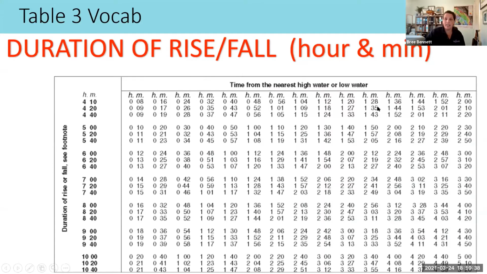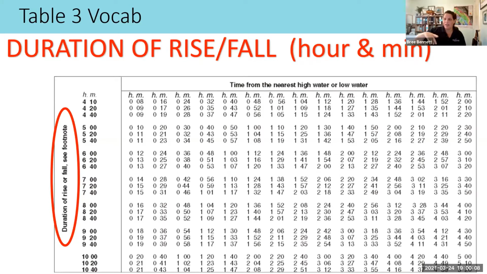Then we're going to have some of these terms. I'm just going to go over these terms. Again, they'll make a little more sense when we do a problem. Our first one is duration of rise or fall. This is in the top half, meaning it has to do with time. So how long did it take for the tide to rise? Did it take your typical 6 hours? Maybe it took only 4 hours.